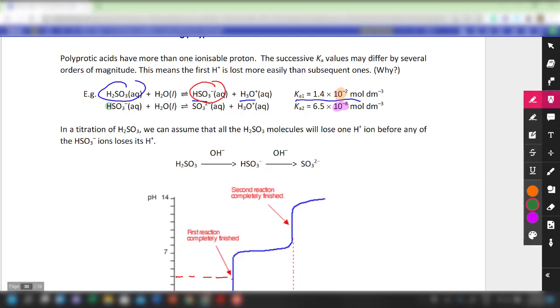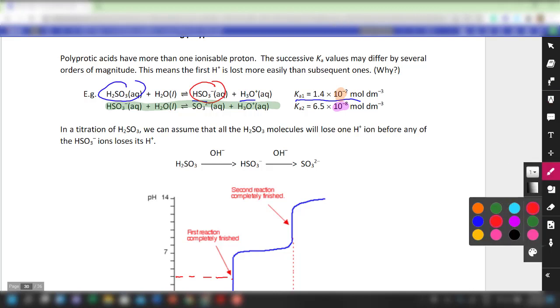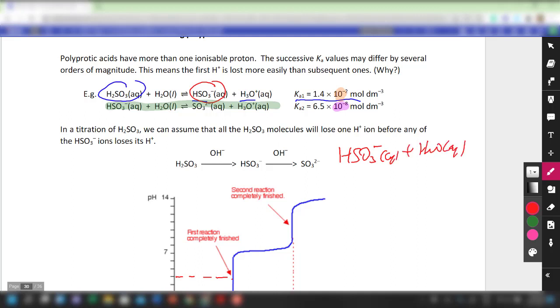First, it will ionize to give us SO3 2 minus and H3O plus. At the same time, it will also undergo partial hydrolysis in water to give us back H2SO3 and OH minus.